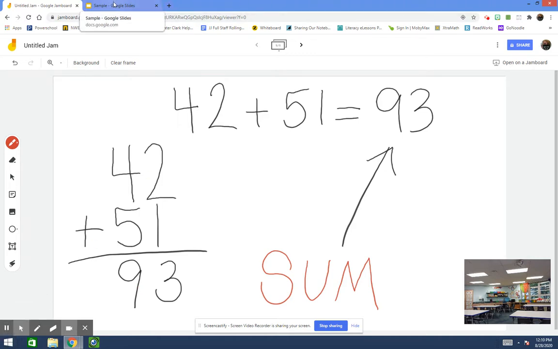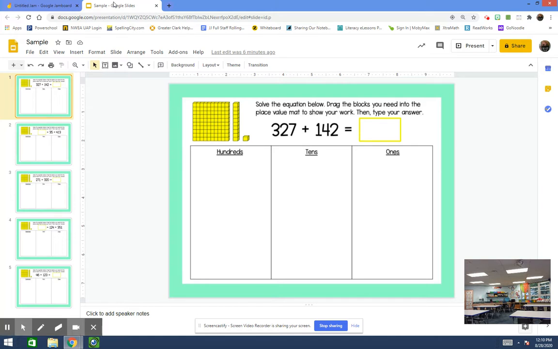Okay, so you're going to open up your slideshow for today, and it looks just like this. We're going to do the first slide together. Solve the equation below. Drag the blocks you need into the place value mat to show your work, then type your answer. We've got 327 plus 142.